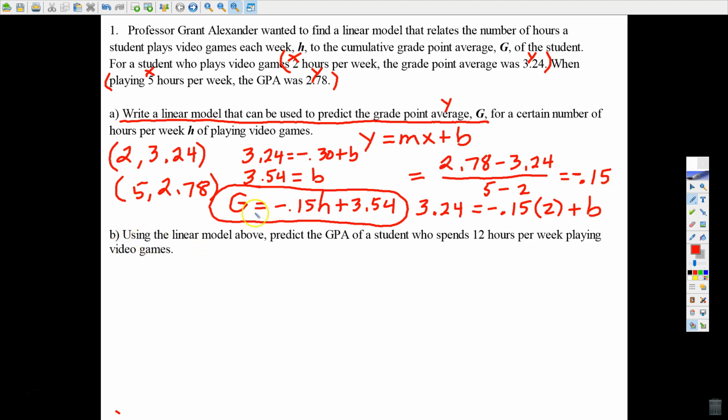Now in part B, we're going to use this model to make the prediction. All right. So it's basically just a matter of taking the number 12, and that represents the number of hours per week. We're going to drop 12 in for h and use our calculator to come up with the predicted GPA given 12 hours of playing.